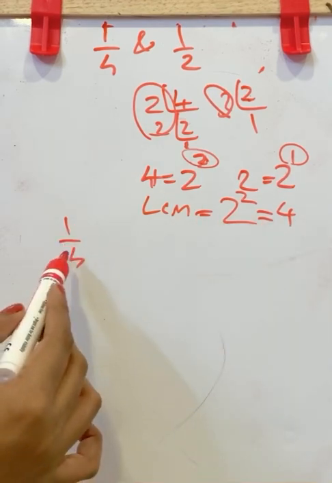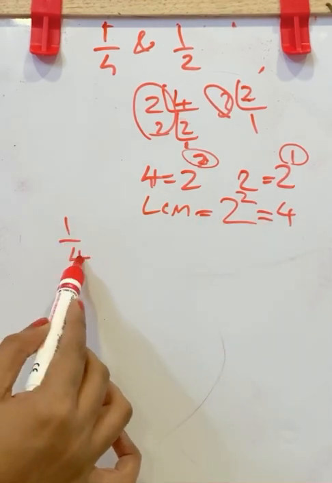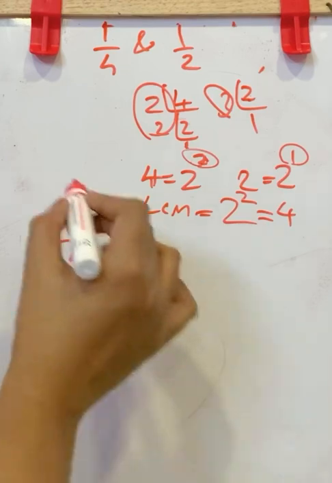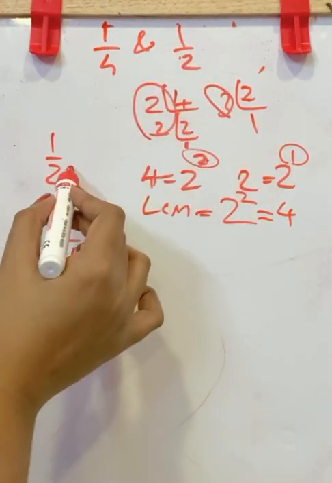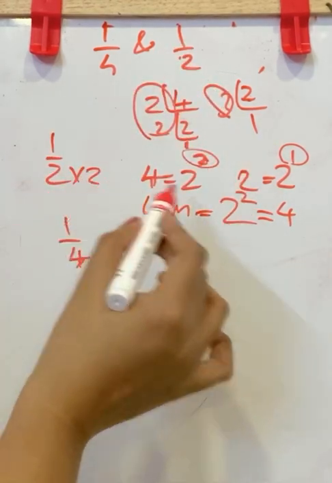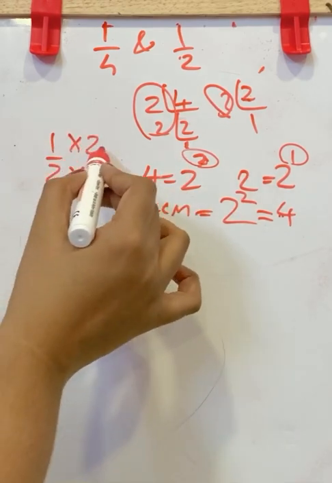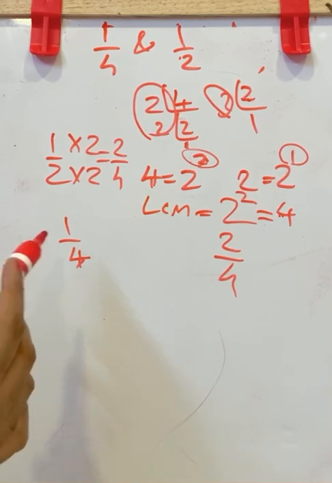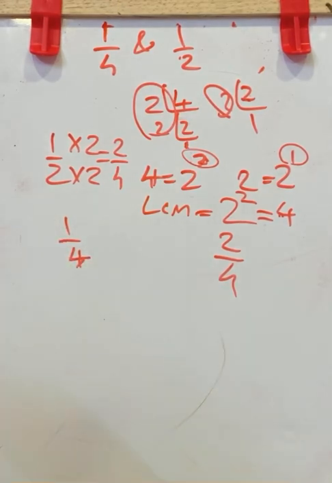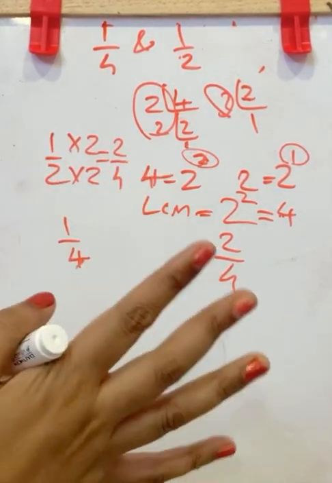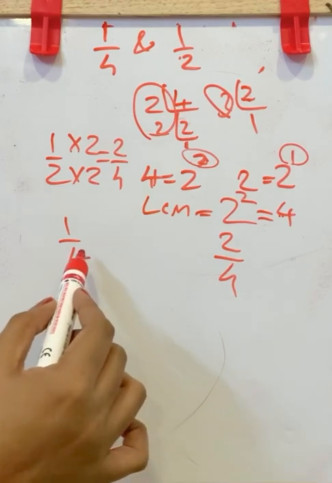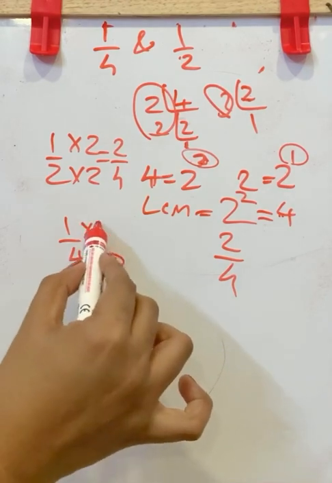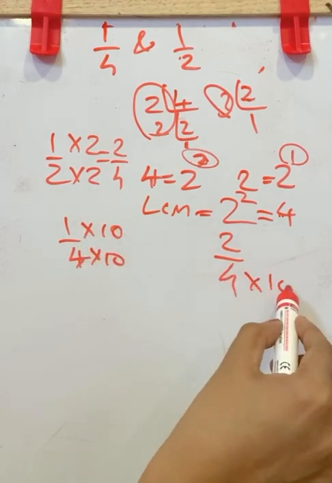Now we can make each denominator 4. This is 1 by 4, already 4 in the denominator, so no change. Now 1 by 2, you have to multiply with 2, then only it will become 4. So here also into 2, you will get 2 by 4. Now between 1 by 4 and 2 by 4, you can't find 5 rationals, so you multiply with 10, here also into 10.